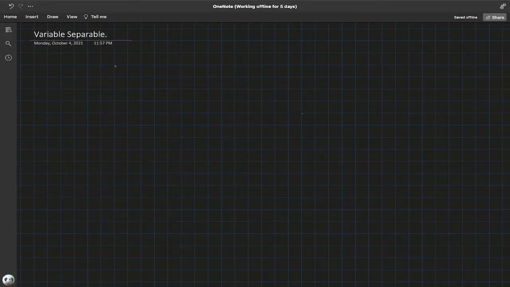First category of differential equations, and I'm not going to spend much time on this, is variable separable.